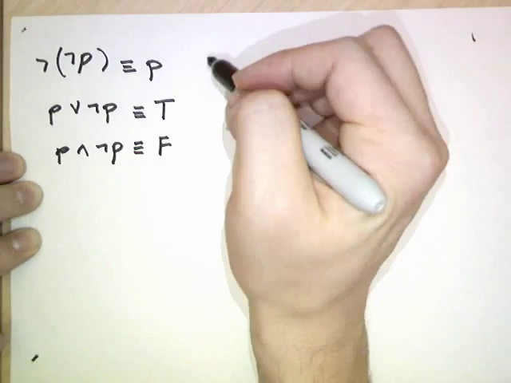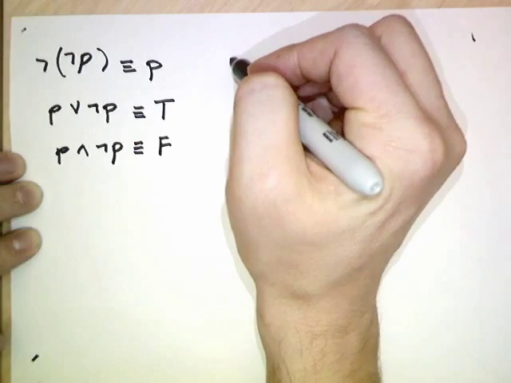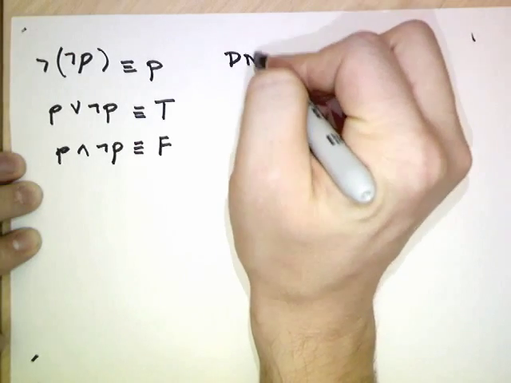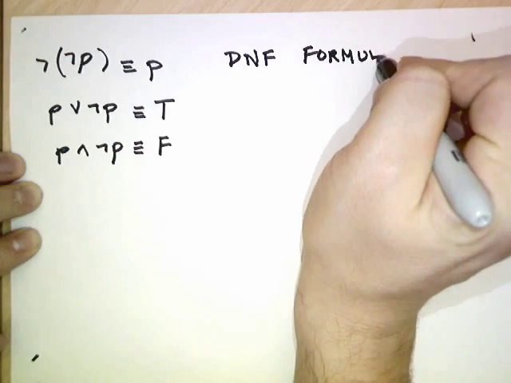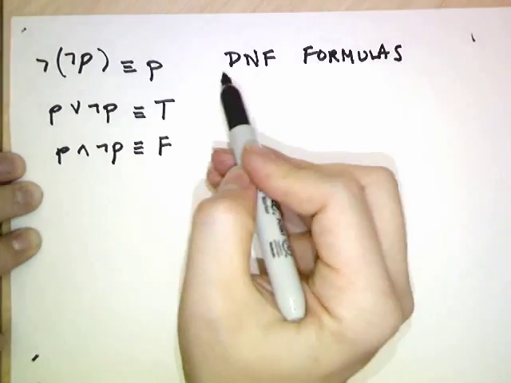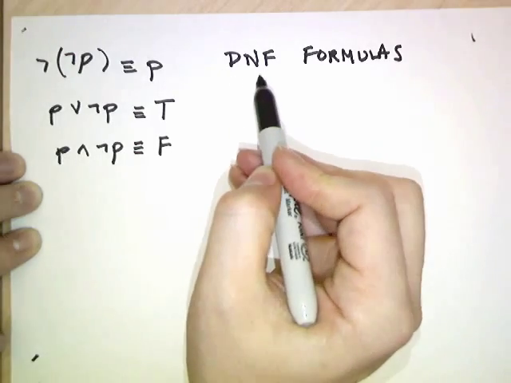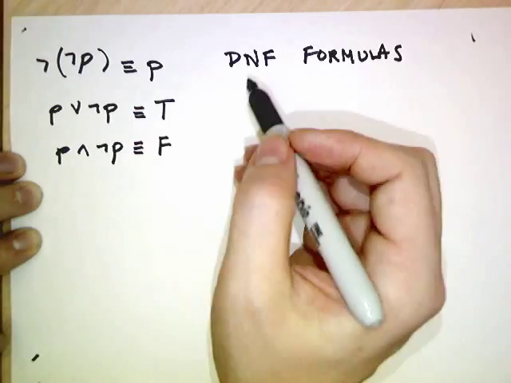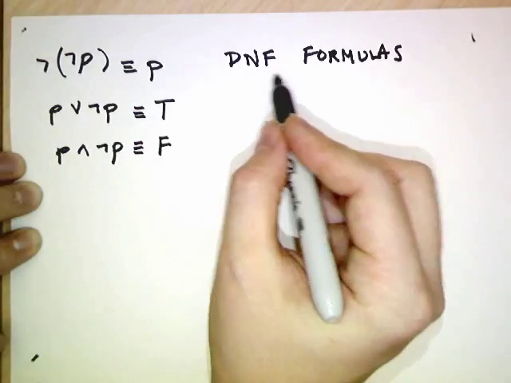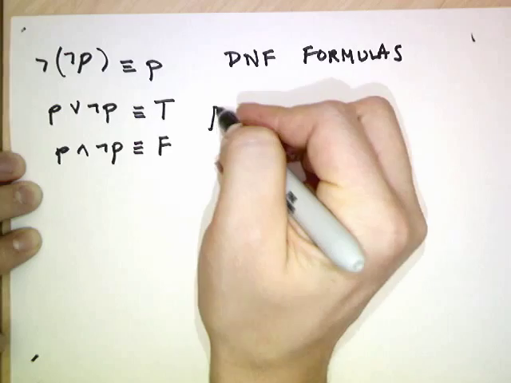A special type of Boolean formula that I want to talk about are DNF formulas. DNF stands for disjunctive normal form. It's not important that you know what it is. What is important is that you understand the structure of a DNF formula. So what is a DNF formula?